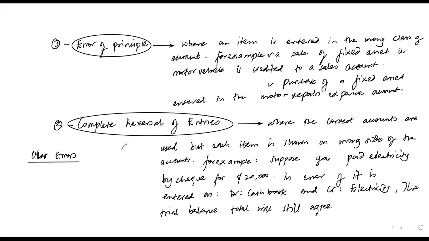We have errors of original entry, and compensating errors, etc. So that is part B of the question.